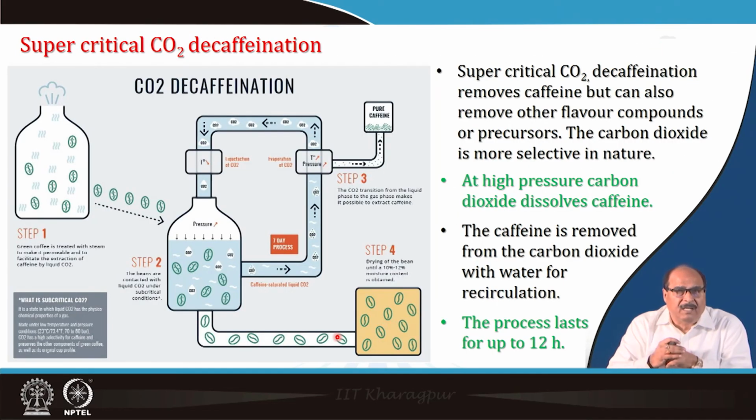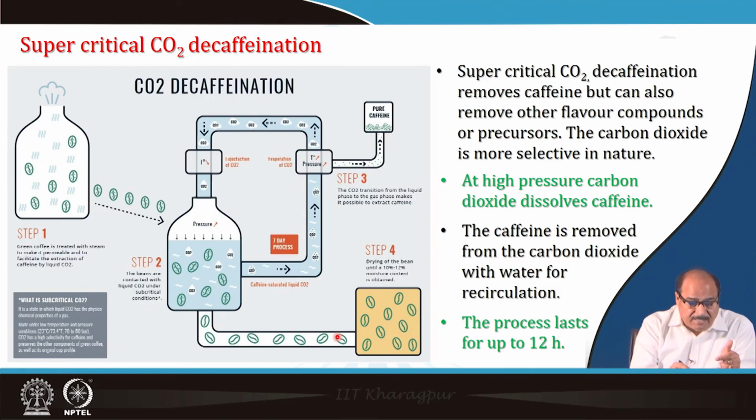In the supercritical carbon dioxide decaffeination method, green coffee is treated with steam to make it permeable and to facilitate the extraction of caffeine by supercritical carbon dioxide in the first step.